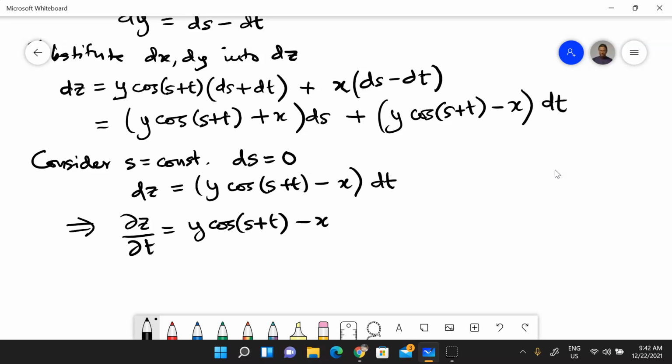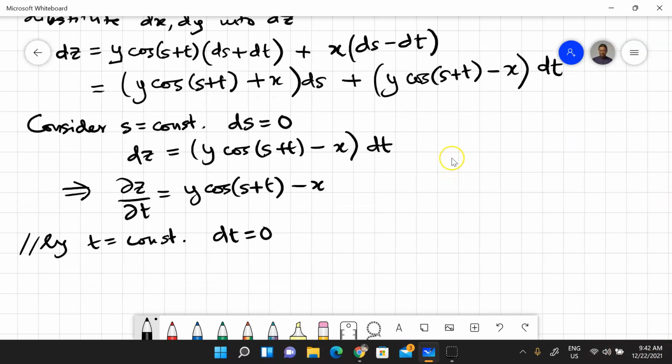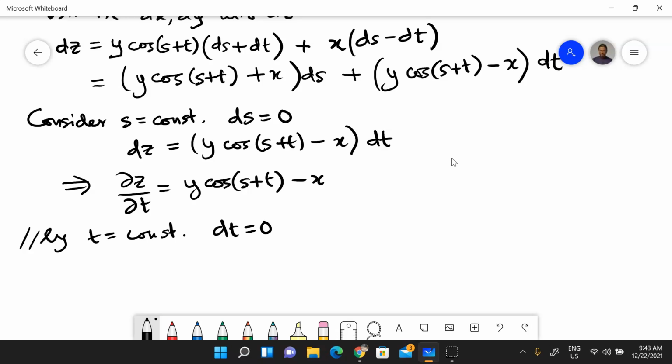Okay, so again, you can do the other one. Similarly, t equals constant, then dt will be equal to 0, then I can almost immediately write down what the partial derivative is with respect to s, which is going to be equal to y cos(s plus t) plus x.